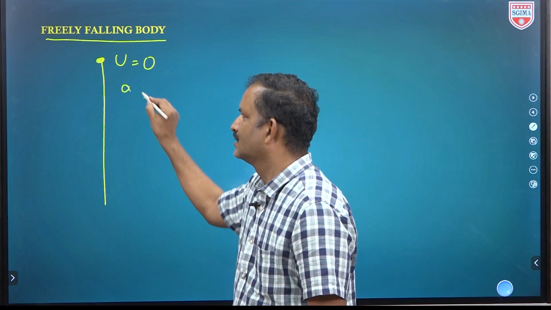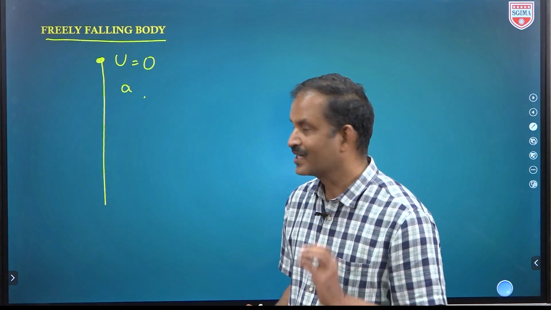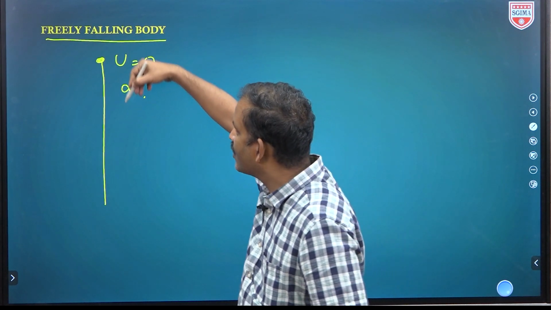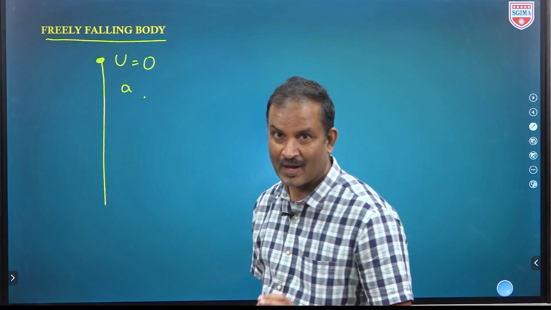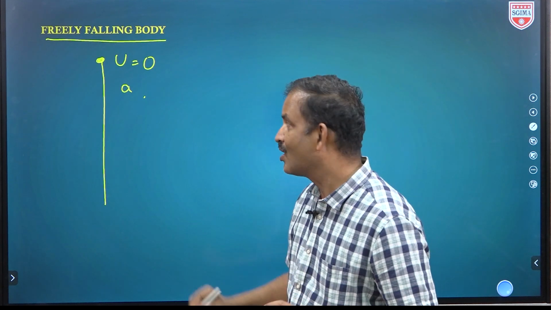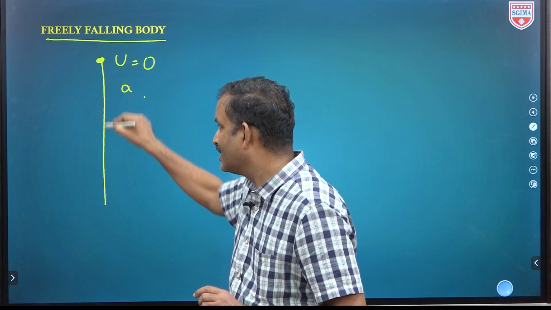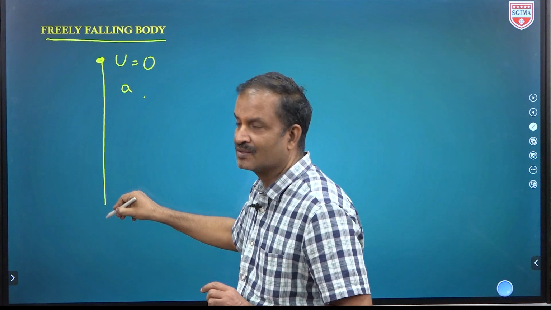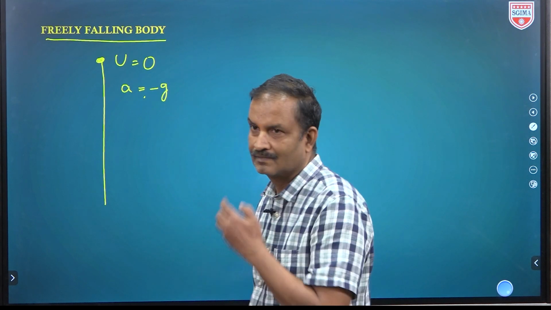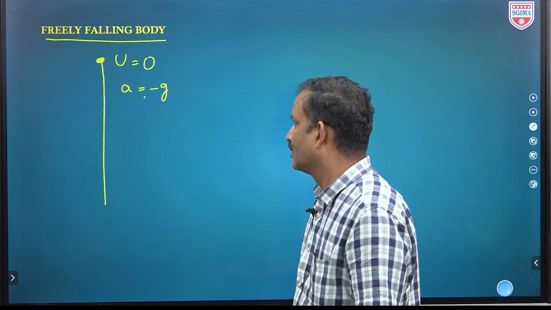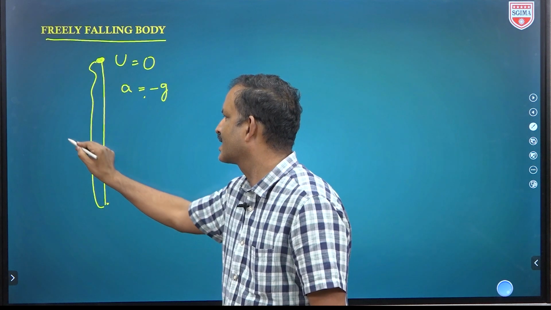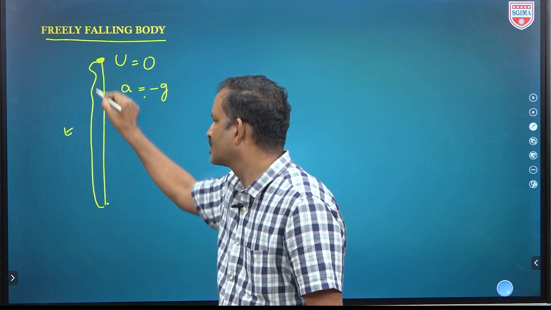Acceleration. Here we have to follow a sign convention. Downward quantities are negative, upward quantities are positive. Gravitational force is downward, so the acceleration is minus g. Now, the body comes after t seconds to this point.